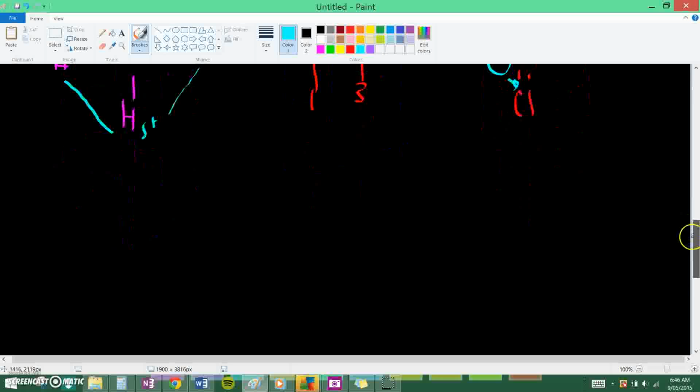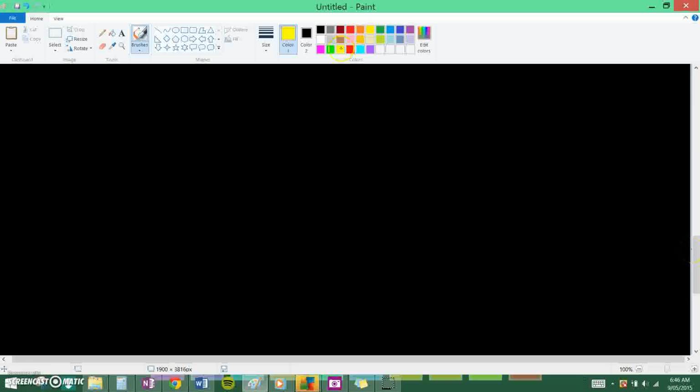Now, dispersion forces, remember not to call them van der Waals forces. Dispersion forces, think of it as Velcro. My teacher taught it to me as Velcro. If you zoom in a lot on Velcro, you can see that there's all these little hooks. And the hooks are what attach to this.